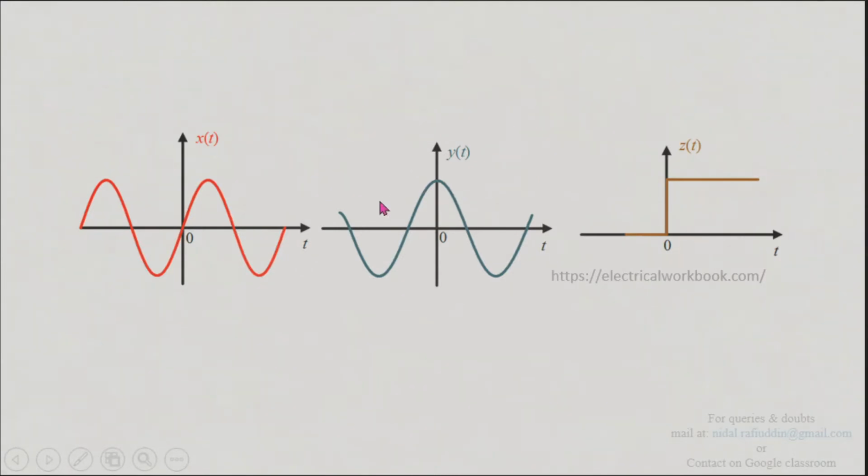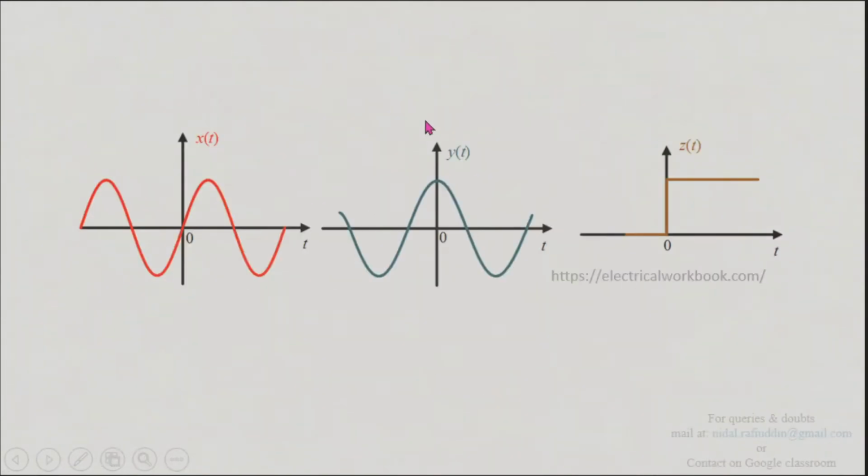The second example, shown in blue, is an even signal, which can be ensured if you flip the signal about the vertical axis, and you get the same signal. And the third signal, if you flip this about the vertical axis, you're not going to get the same signal. If you flip this about the origin, the signal will not be the same as the original signal, and thus the third signal shown in orange, the variable z(t), is neither even nor odd.